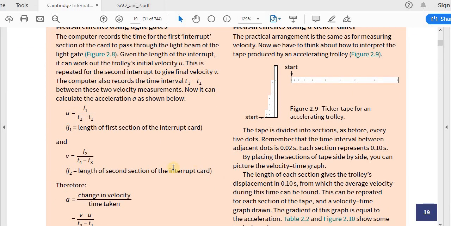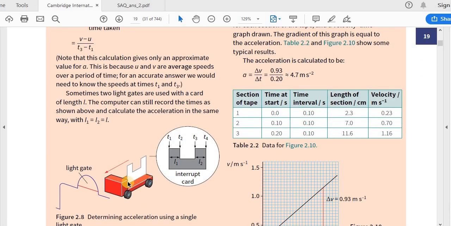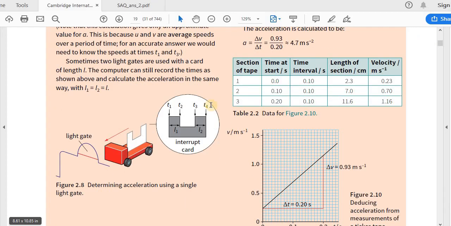So what we have here is one light gate, and you can see this card is cut into this shape. Now what happens is when the trolley passes through this light gate, in the beginning when this part of the card passes through, it blocks the light, and then over here. So imagine now this is going through this.